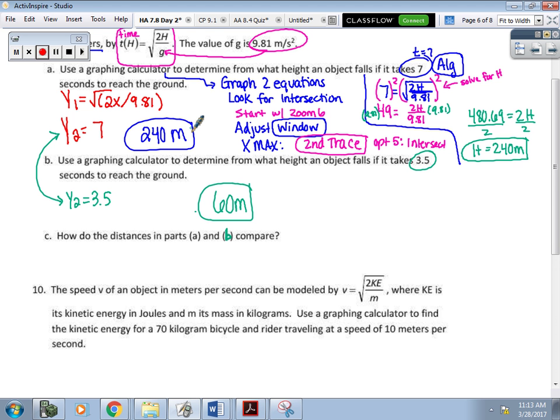No, what's the relationship between 240 and 60? Evan? It's 60 times 4 would get me 240. So when we cut the time in half, the height actually got divided by 4. The height was divided by 4.